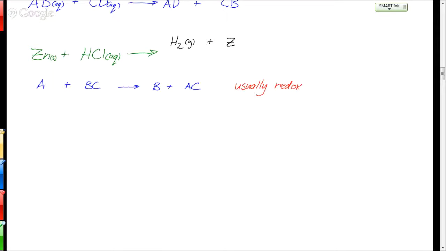And the zinc could go then with the chlorine. And what is zinc's charge usually? It's +2, so that means it's got to be 2 chlorines. And the other possibility is that the chlorine goes out on its own. That's Cl2. And the zinc goes with the hydrogen.